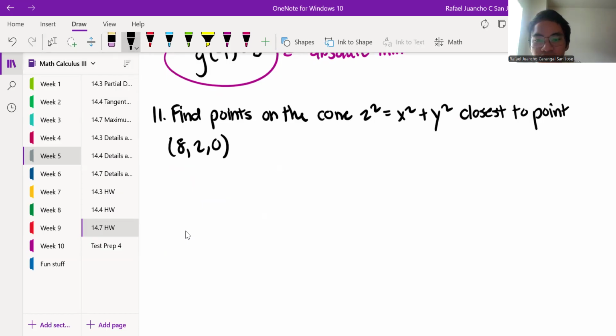Let me see, actually. What is this specifically? If I take out my z, I get some number. That's a circle, right? So that's a circle in the xy plane. If I take out my x, what's that? This is some k. z squared minus y squared is equal to k. That's a hyperbola, right?